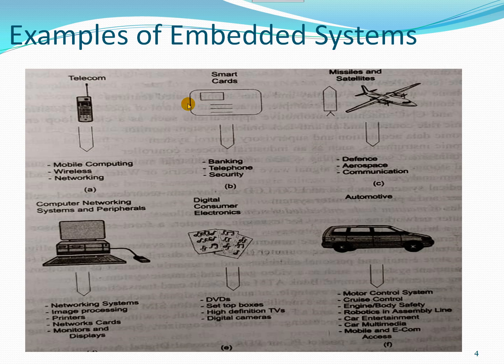And also the computer networking systems and peripherals, and also digital consumer electronics, will be coming under the category of medium real-time systems. And the missiles, satellites and automotive systems are coming under the sophisticated embedded systems, because these systems may have single purpose processors, general purpose processors, or clusters of these processors.